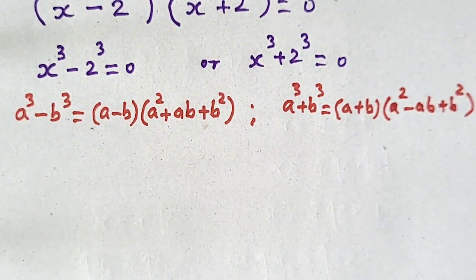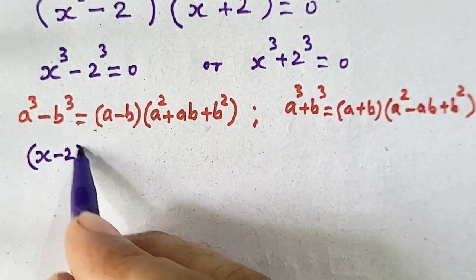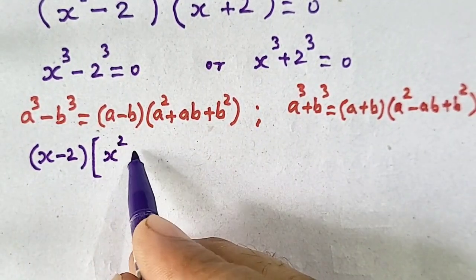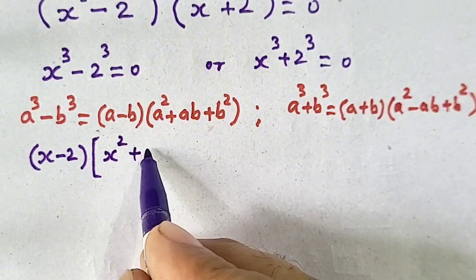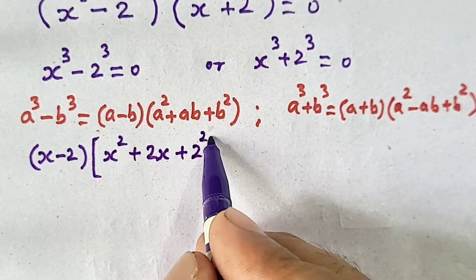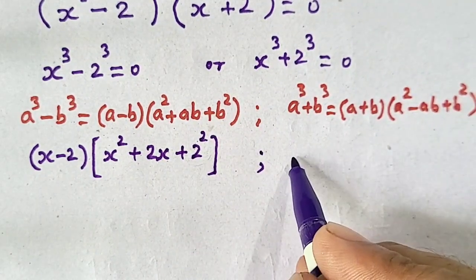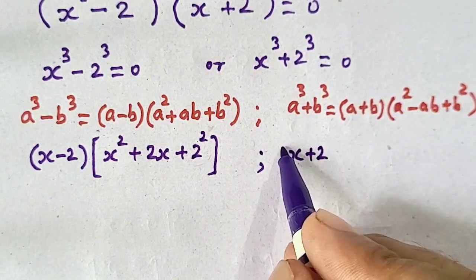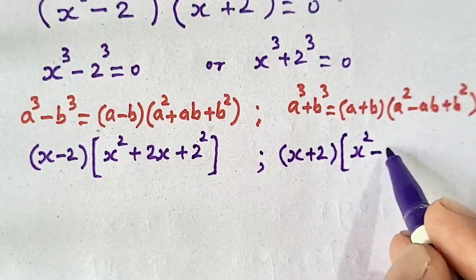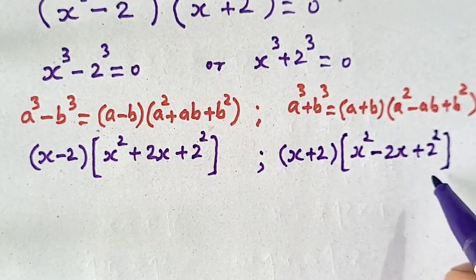So we will get (x minus 2) times (x squared plus 2x plus 2 squared). And similarly, here we will get (x plus 2) times (x squared minus 2x plus 2 squared).